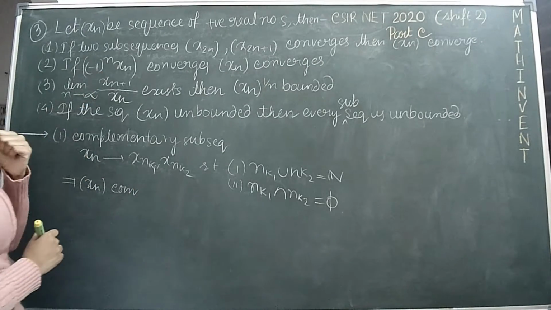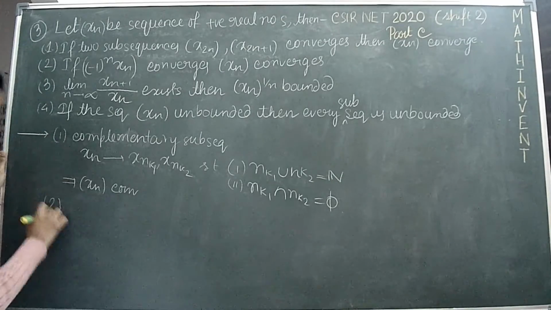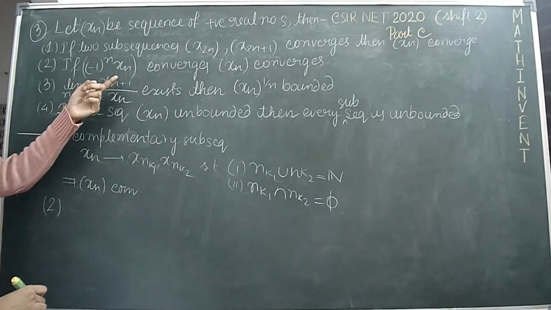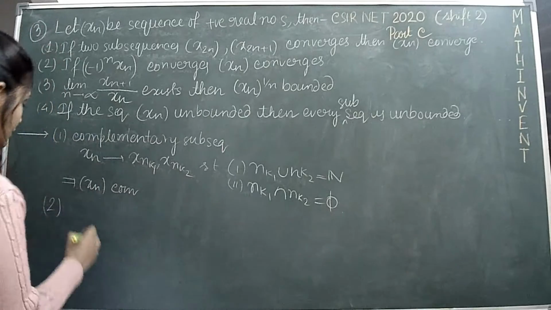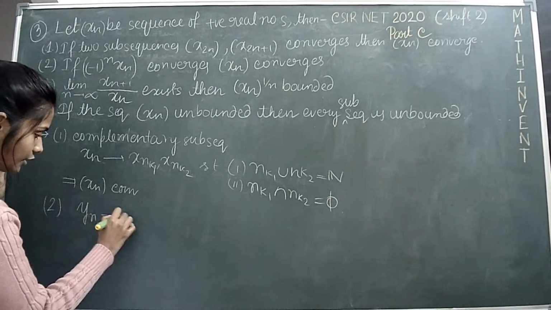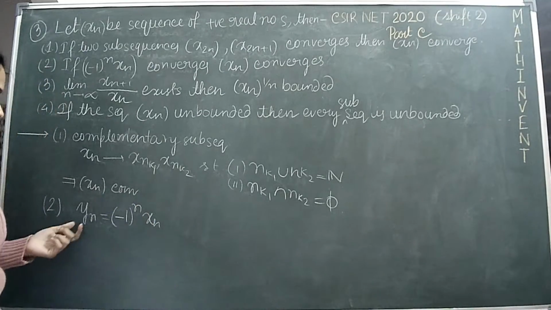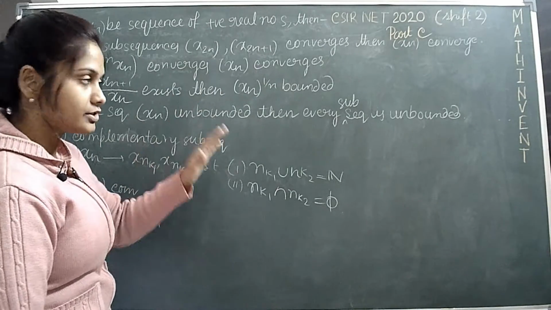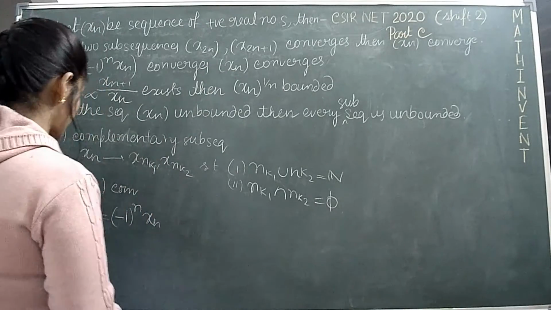Let us check the next option. So option 2. We are given that if minus 1 power n xn converges, then the sequence xn converges. Let us take yn equals minus 1 power n xn. If yn converges, then we have to show that xn will also converge.